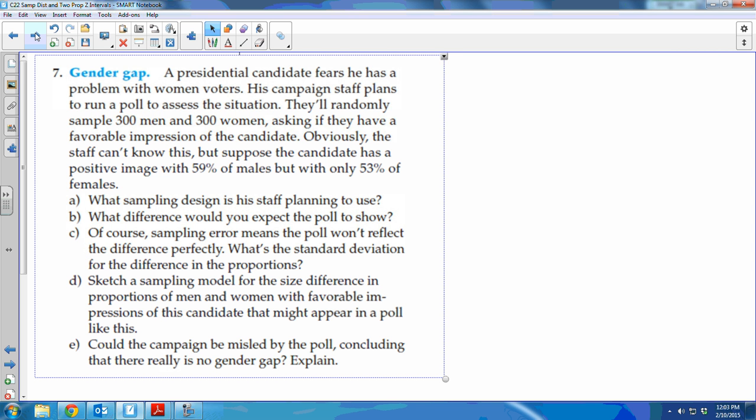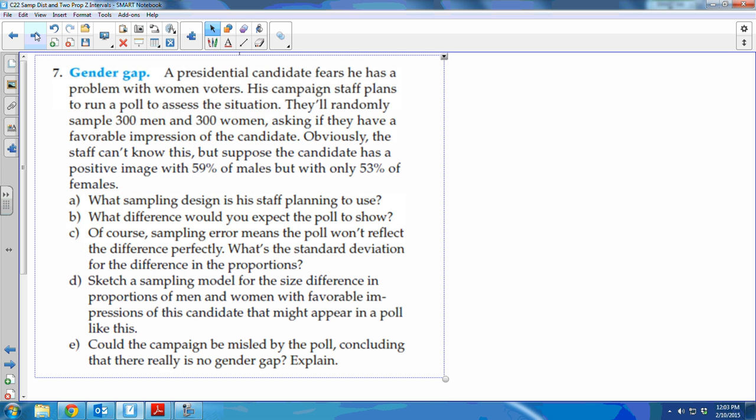What's the difference in the 2 percentages? 6%, right? So that's the difference it's supposed to show, and that's okay. Whereas our sampling distribution model, we said the mean of that model is P1 minus P2, right? We would expect the difference in the population to mirror the difference in our sample. We want them to be similar. So everyone knows where the 6% came from.